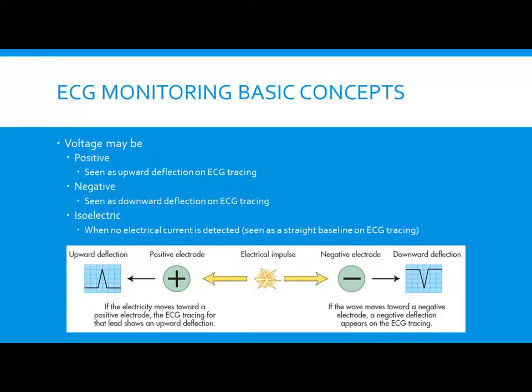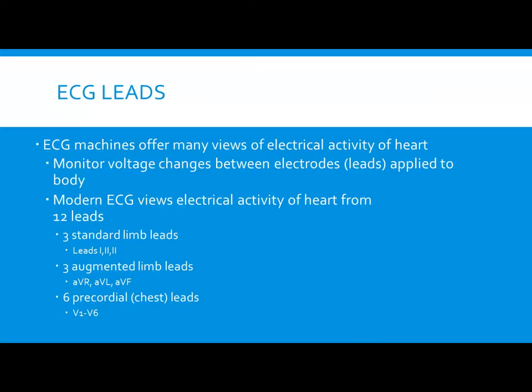Now we also will use that area as a point of reference when we're looking at other types of waves, such as T wave elevation, ST elevation, and things like that. Okay?